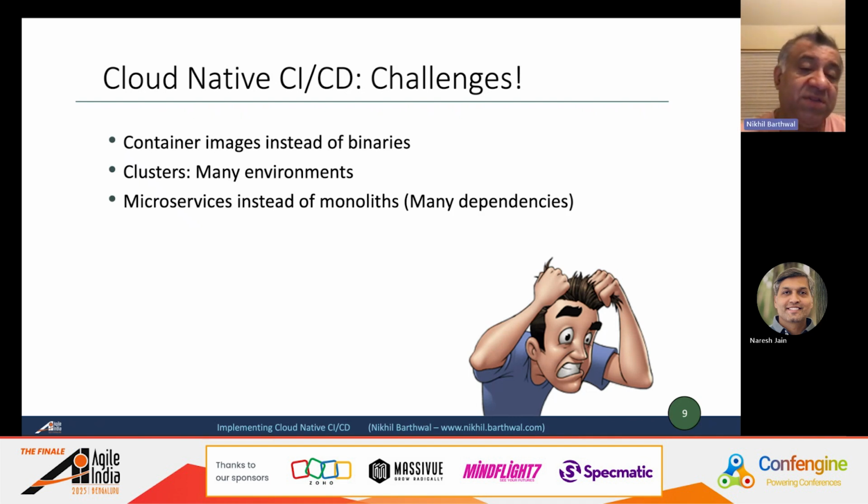We have microservices instead of monoliths. Microservices sound great, they're really a hot trend, but the problem with microservices is that they have many dependencies, because fundamentally microservices are very brittle. We have ephemeral environments, environments that are short-lived.